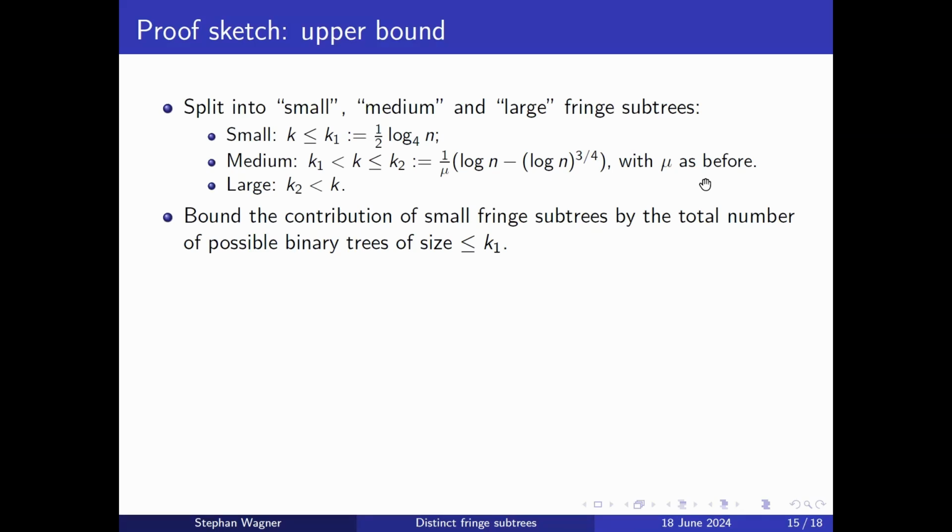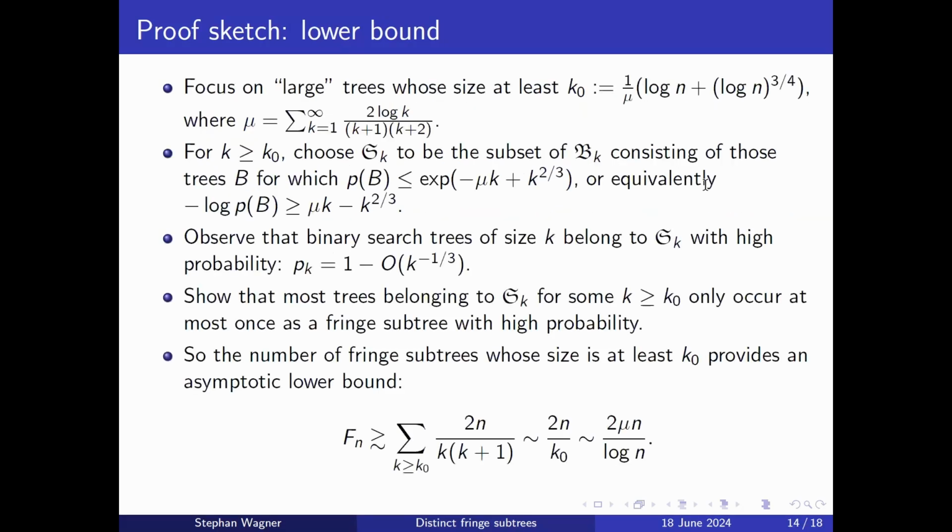So that's basically it. This is the sum that gives you the main term, and that comes from the trees being greater than or equal to 1 over mu log n, give or take. That's where the main contribution comes from. Okay.